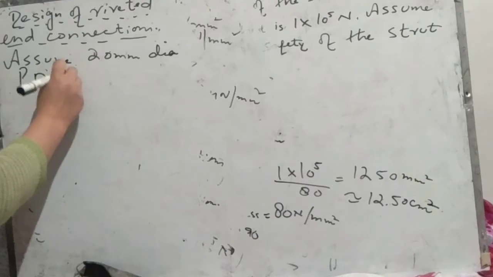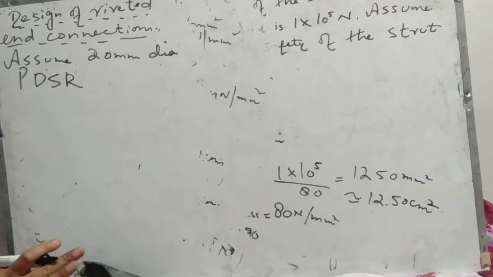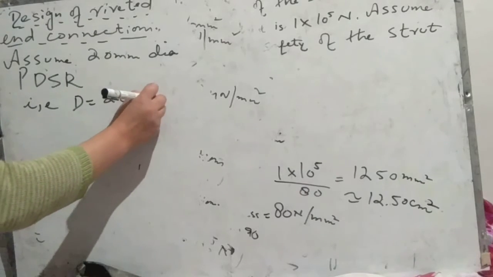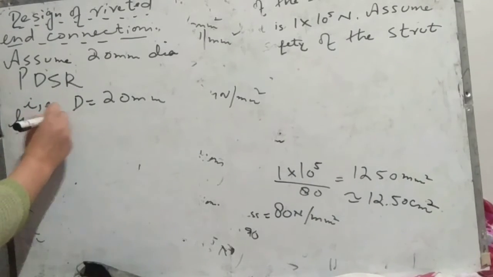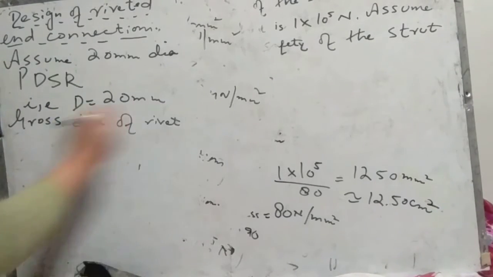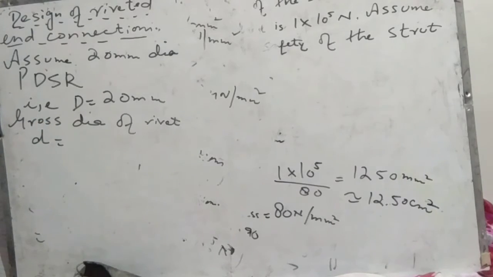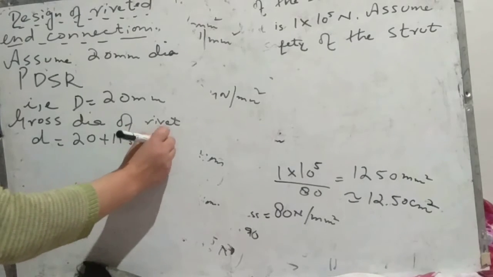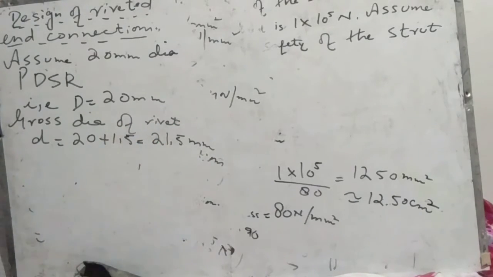Power driven shop rivets. You can also choose power driven field rivets. That is, your nominal diameter is 20 mm. So your gross dia of rivet, designated as D, will be 20 plus 1.5 mm. Means for the nominal to gross diameter you have to add 1.5 if your diameter is up to 25, and if it exceeds 25 you have to add 2 mm.